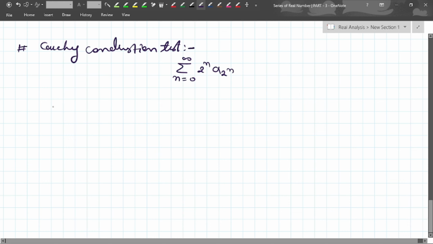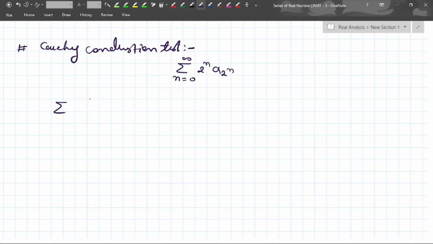If you have, let's say, summation log power p, we can use the Cauchy condensation test.